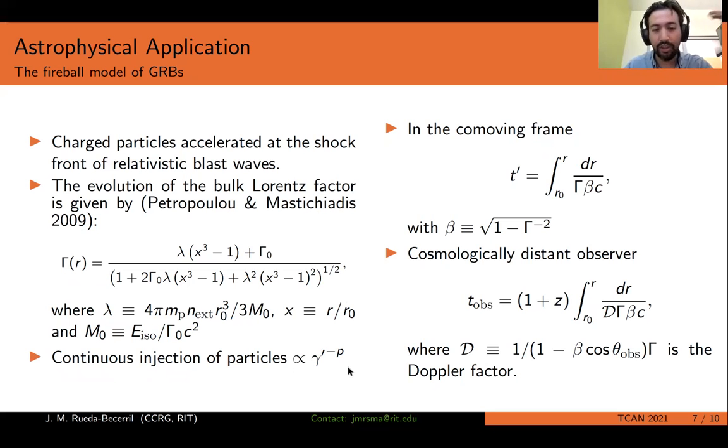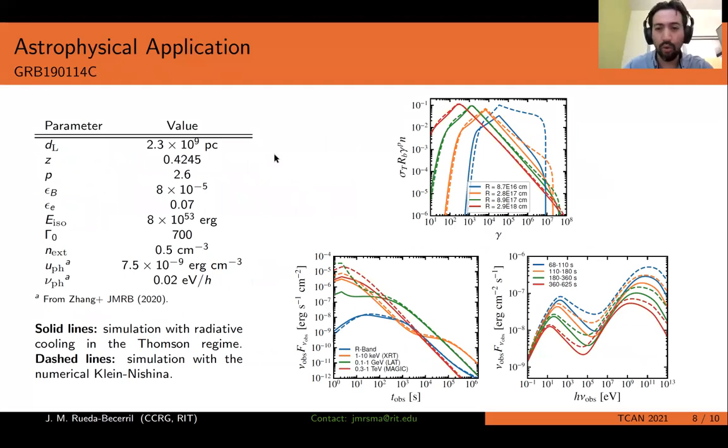I inject a power law distribution of particles, and I make the proper transformation between the different reference frames, and let the particles evolve and do their thing.